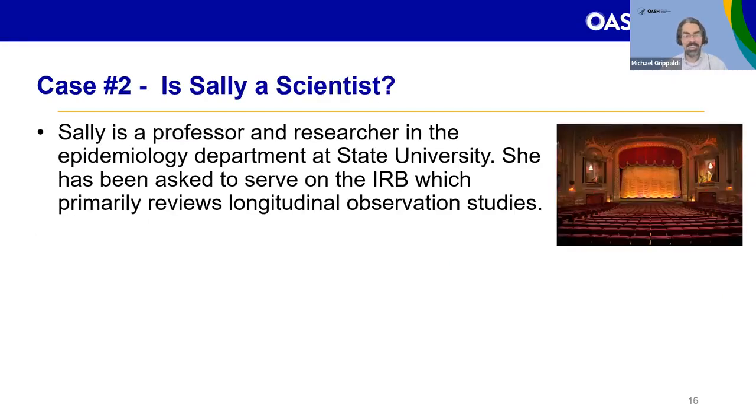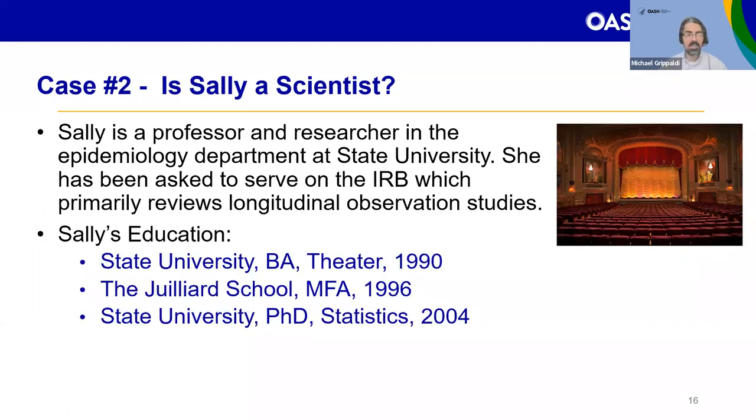Let's take a look at another example. So here, Sally is a professor and a researcher at State University in their epidemiology department. She's going to be serving on the IRB, which primarily does observational research that consists of longitudinal studies. Sally, inspired by Dolph in Rocky IV, wanted to become an actress herself. And she was quite accomplished.